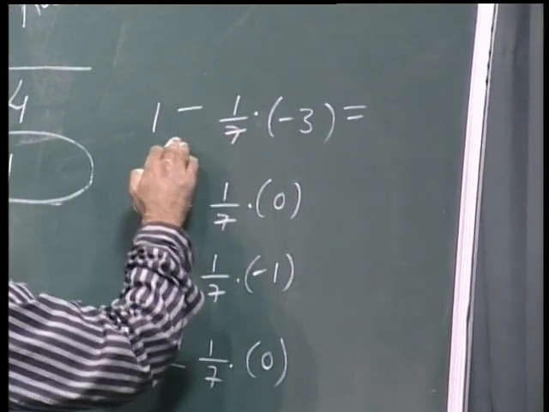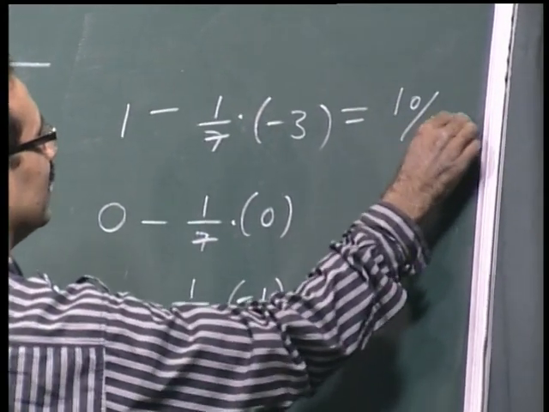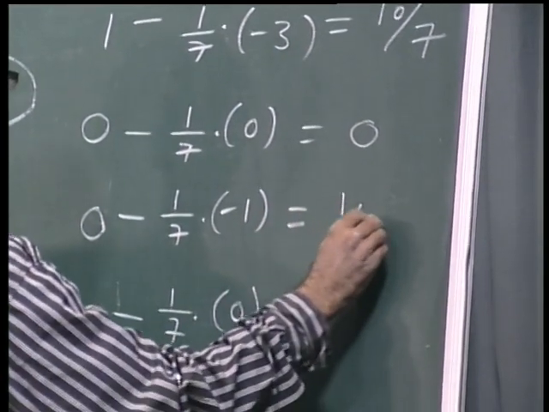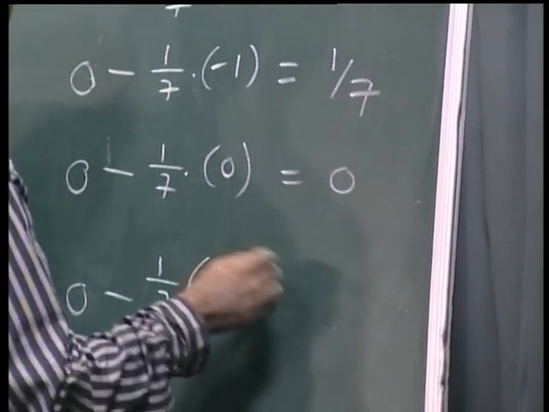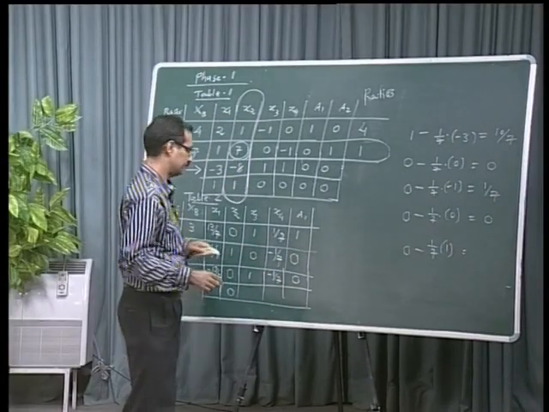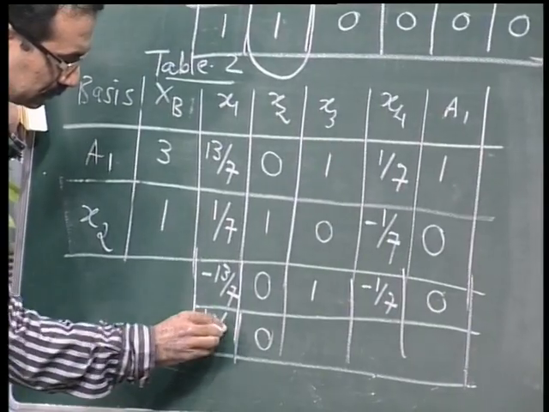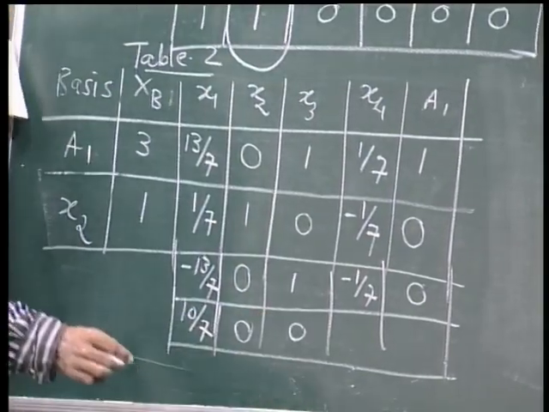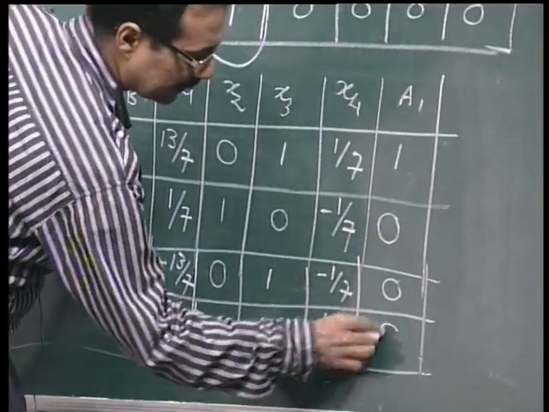So, anyway it is 1 plus, so 7 plus 3, 10 by 7, pair of zeros, 1 by 7, 0, not required, okay. So, what is that? The first number is 10 by 7, then 0, and then 1 by 7 and then 0.